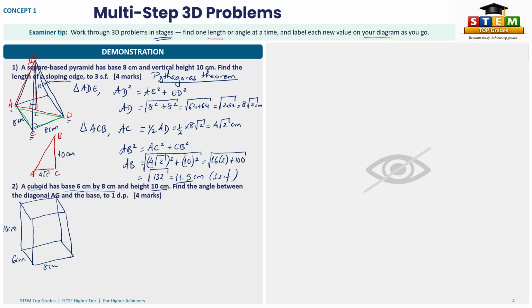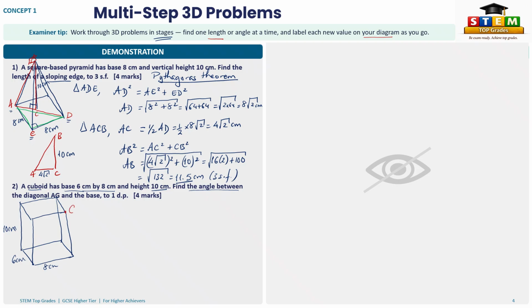Now, if we want to find the angle between the diagonal AG and the base, I'm picking the right place to show you the best position of the diagonal.